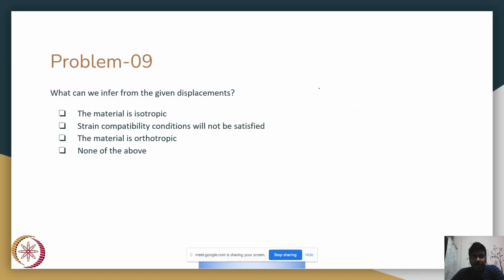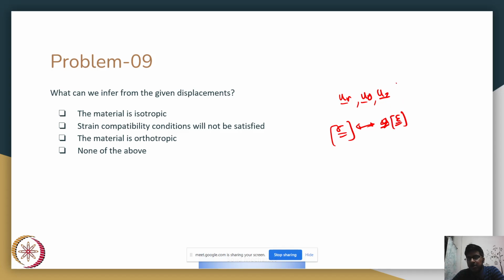What can we infer from the given displacement? So the problem 9 asks which of the options we can infer to be true. So we are simply being told u theta and uz, right? We are not being told the relation between sigma and epsilon.